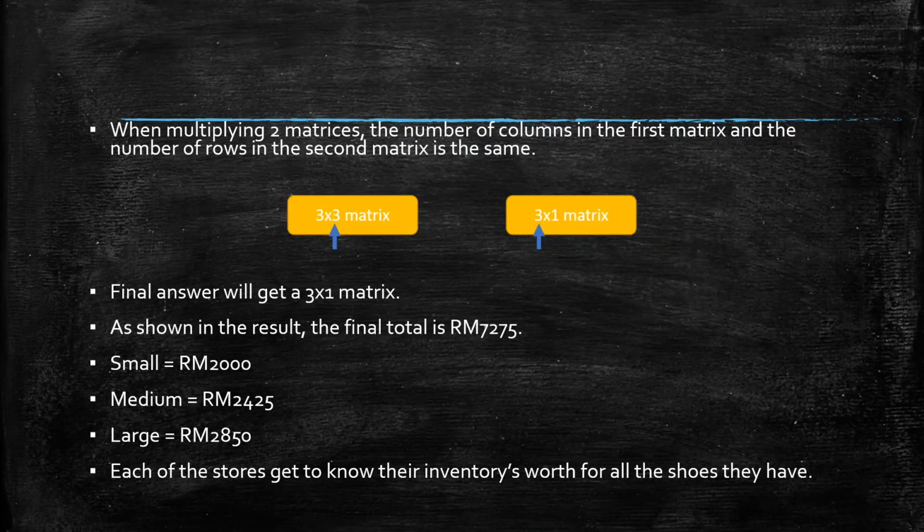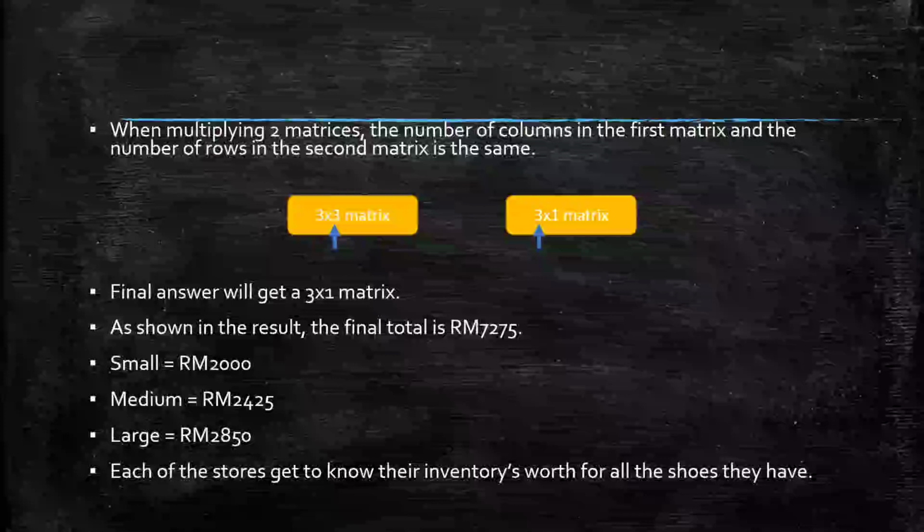Lastly, the problem can be solved by using matrix multiplication. Each of the stars gets to know what their inventories are worth for all the shoes they have. In matrix multiplication, there are theorems that must be followed, so when doing the solution we must be careful with all the theorems. Next part is about the conclusion, and I will pass it to Hilmi.